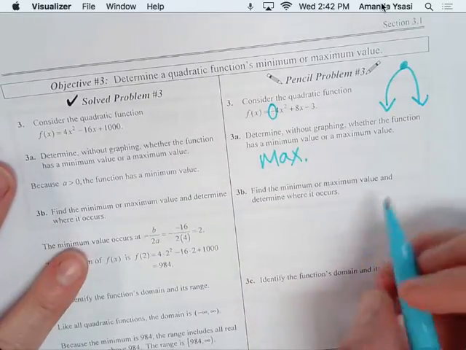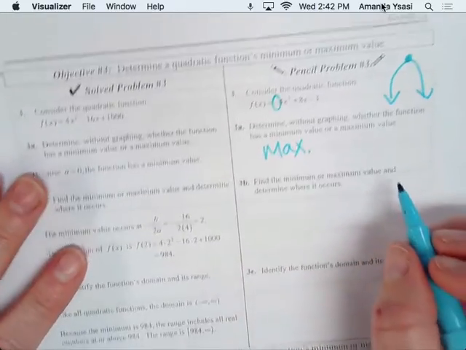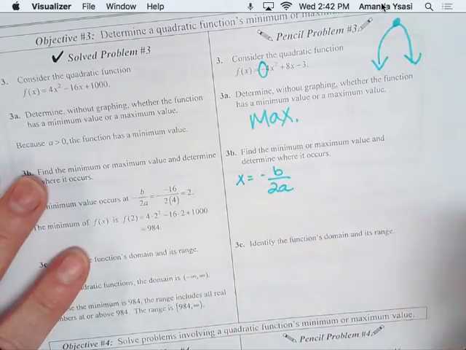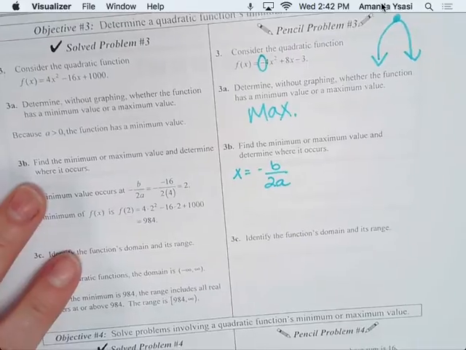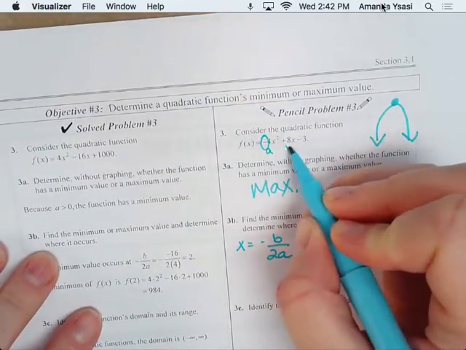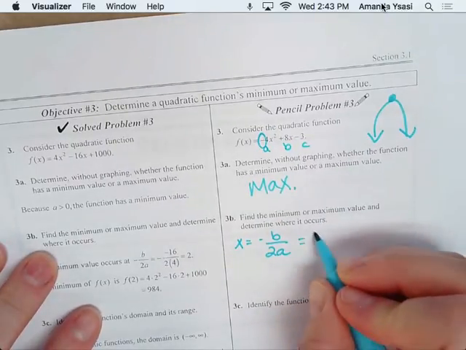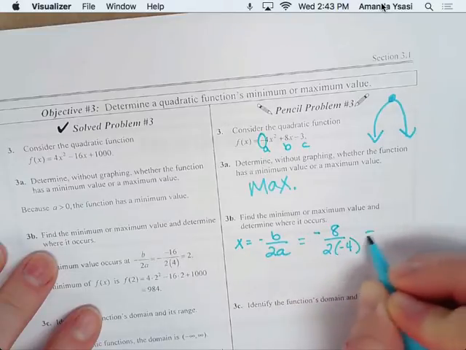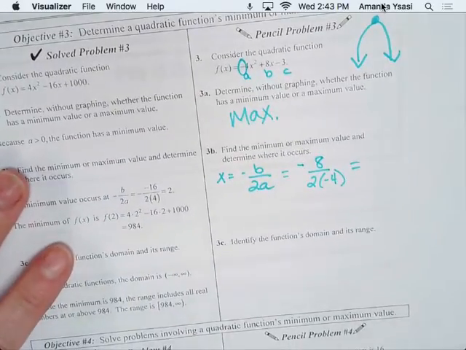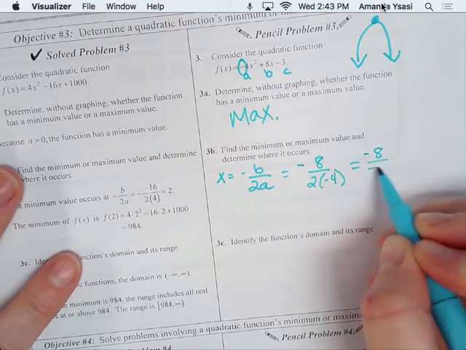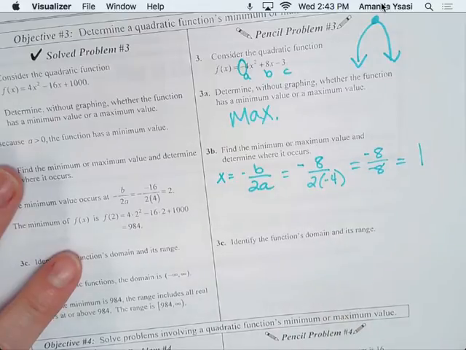So to find our min or max, we got to find our vertex, and that's x equals -b/2a. So this is A, B, and C. So it's -8/2 times -4. -8/-8, which equals +1.